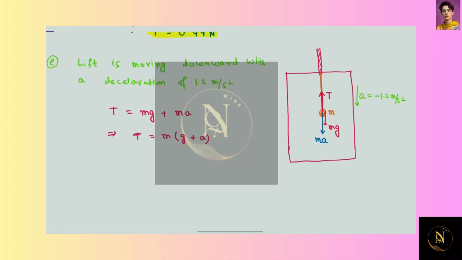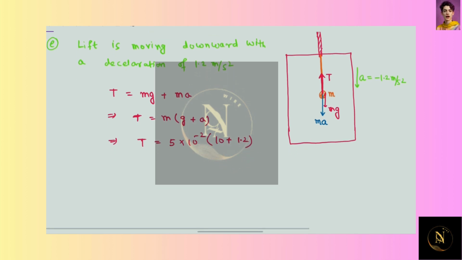So T is 5 into 10 power minus 2 into 10 plus 1.2. On simplifying this, we will get T equals 0.56 Newton. So in this case the tension force on the string is becoming 0.56 Newton.